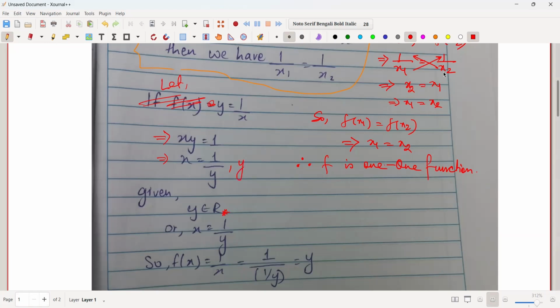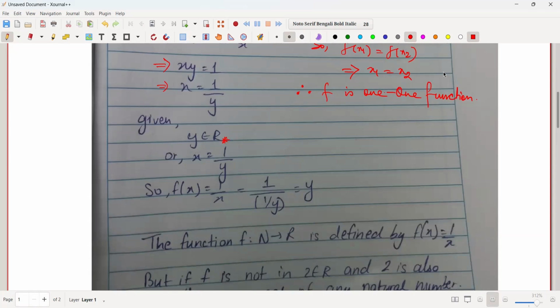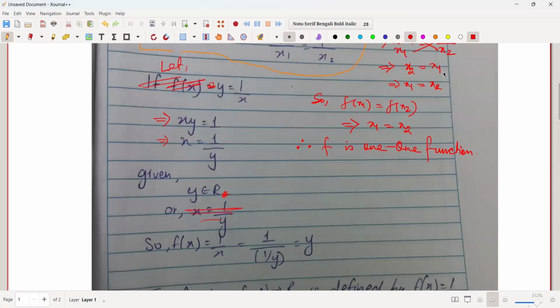So given y belongs to R star, that implies 1 by y belongs to R star. So y belongs to R star means 1 by y belongs to R star also.